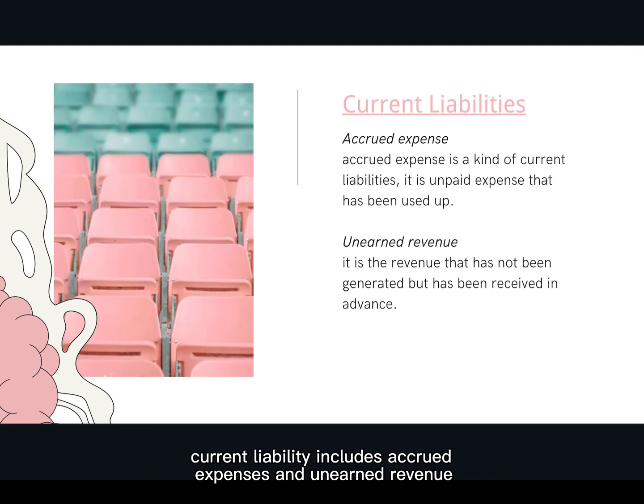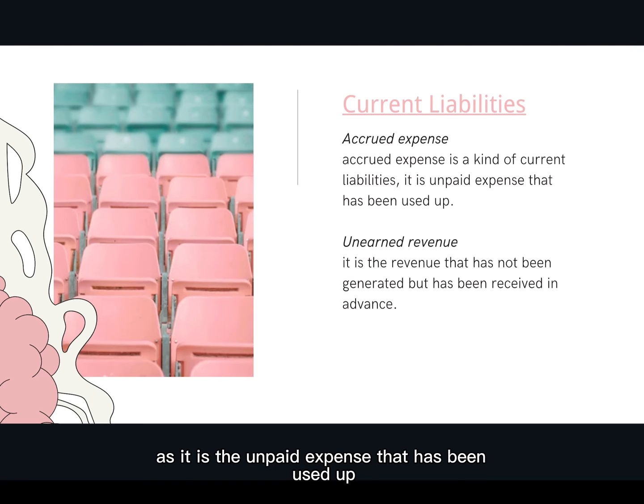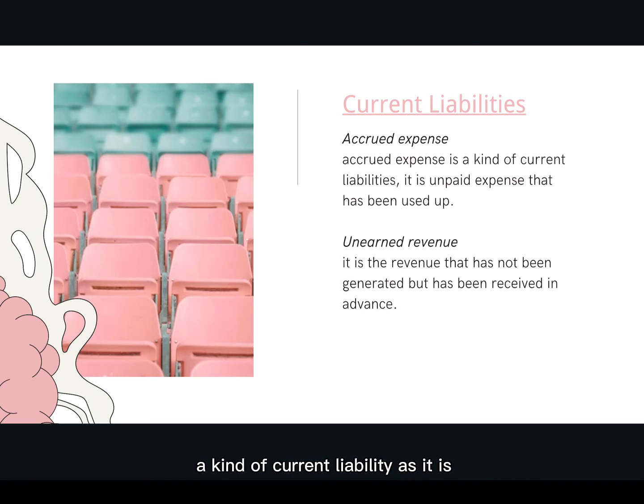Current liability includes accrued expenses and unearned revenue. Accrued expenses are a kind of current liability as they are the unpaid expenses that have been used up. Unearned revenue is also a kind of current liability as it is the revenue that has not been generated but has been received in advance.